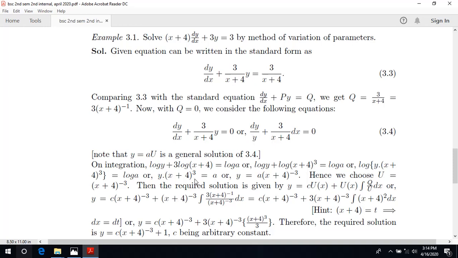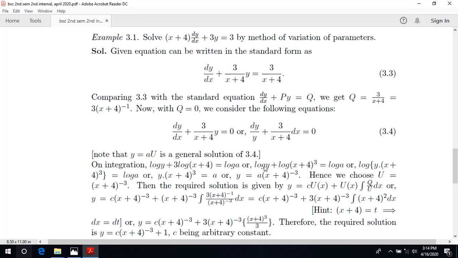Integration of this term will be 3 log (x plus 4). Just using the property of log, you get log (x plus 4) raised to the power 3. The right hand side is log a, a constant of integration. We are taking log because all the terms are in log, just for convenience. So this log a is nothing but c, the constant of integration.